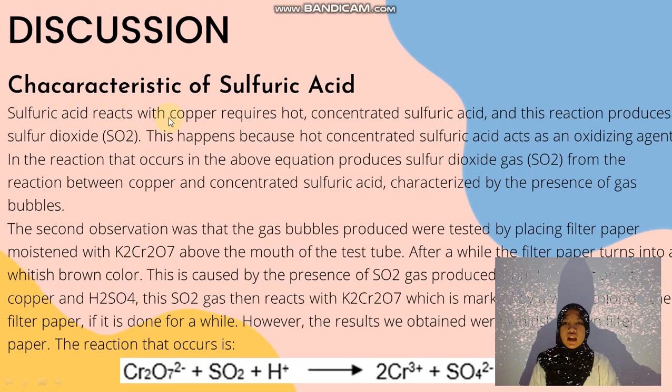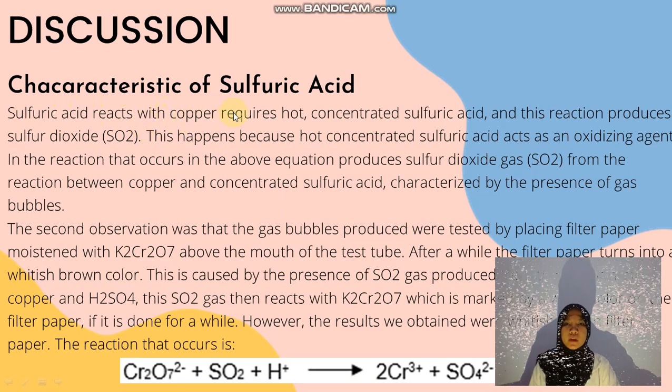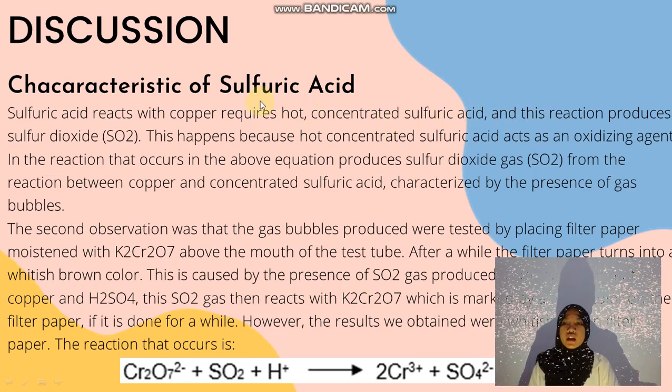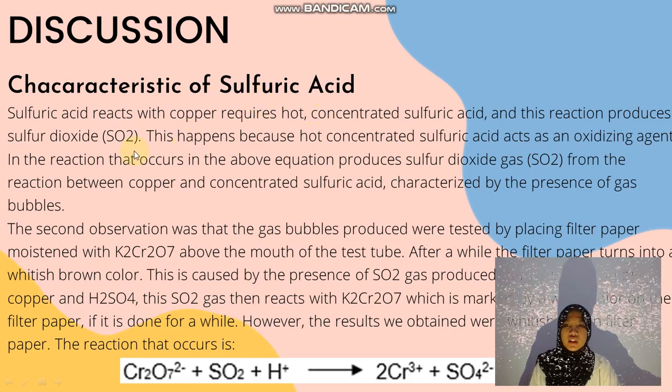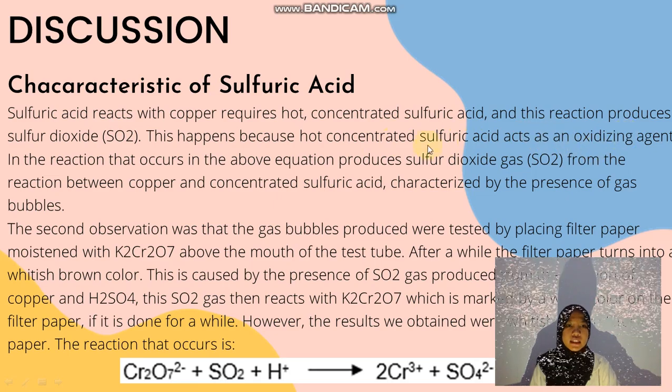Sulfuric acid reacting with copper requires hot concentrated sulfuric acid, and this reaction produces sulfur dioxide, SO2. This happens because hot concentrated sulfuric acid acts as an oxidizing agent.